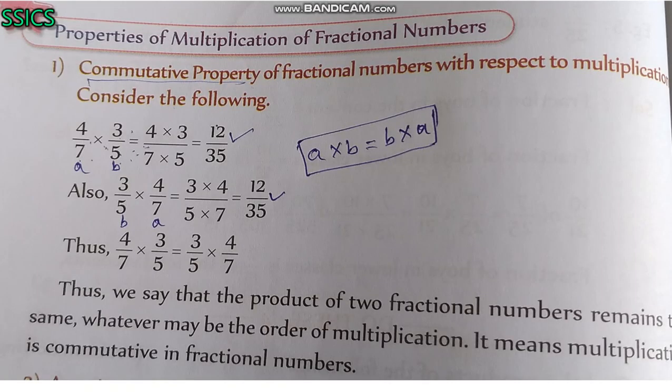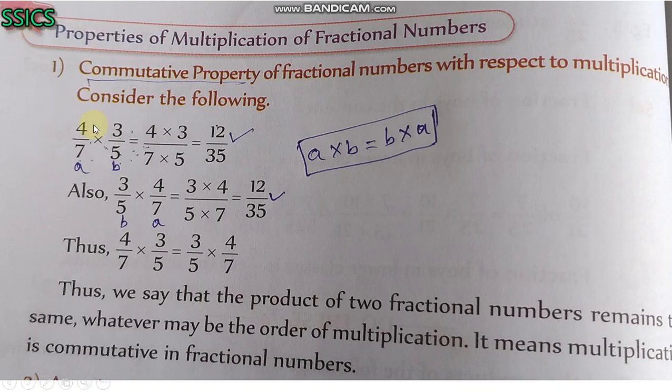The first property is the commutative property. We know the commutative property in addition says a plus b is equal to b plus a. But whether it holds for multiplication of fractions, we can check.